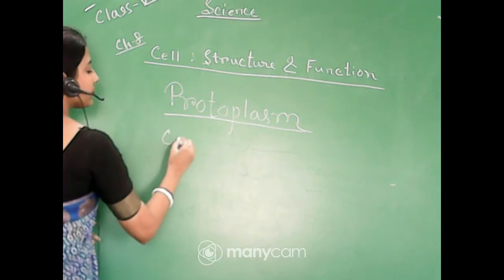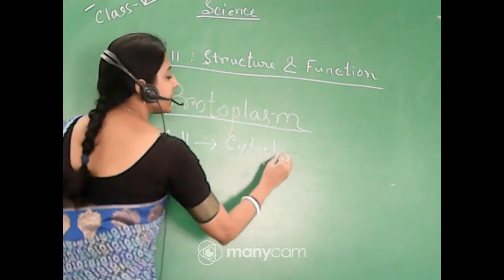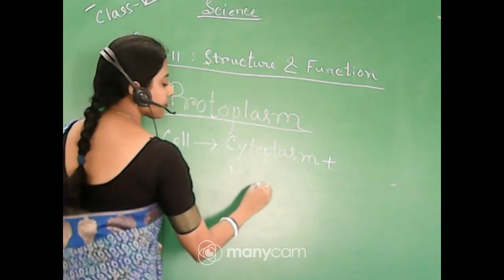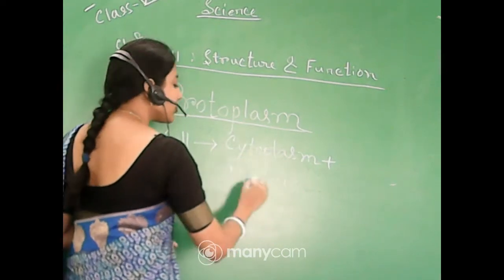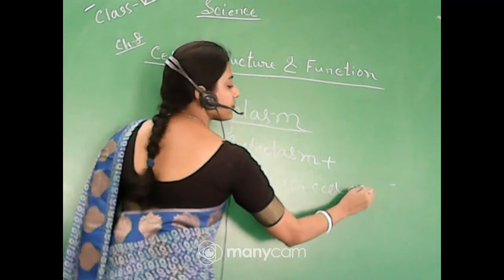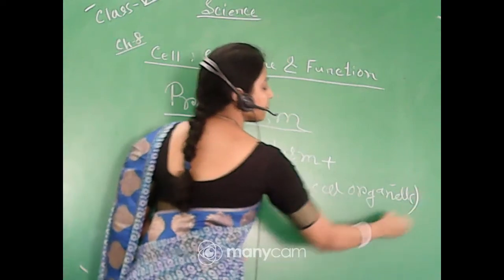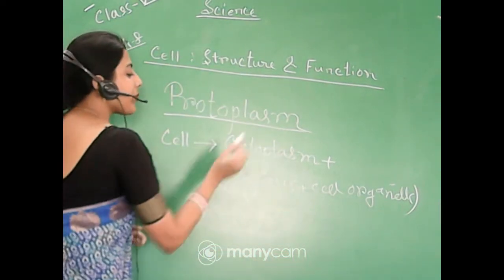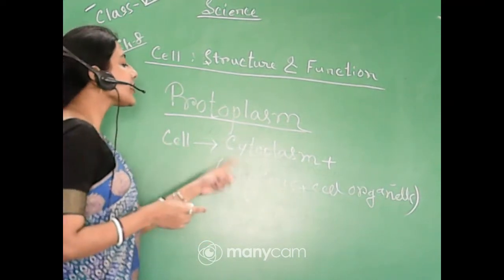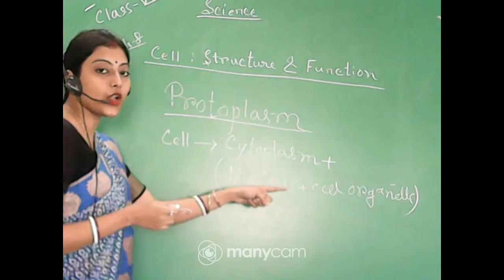So a cell is made up of the cytoplasm, which is the liquid part, and the nucleus and cell organelles, which are the solid part.